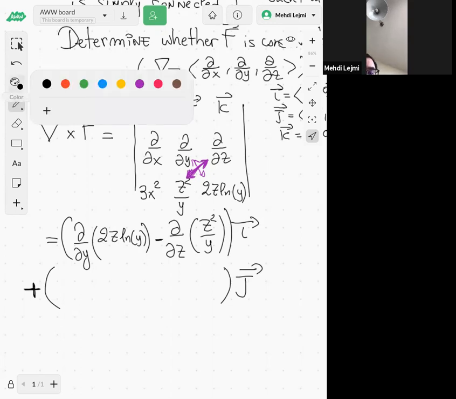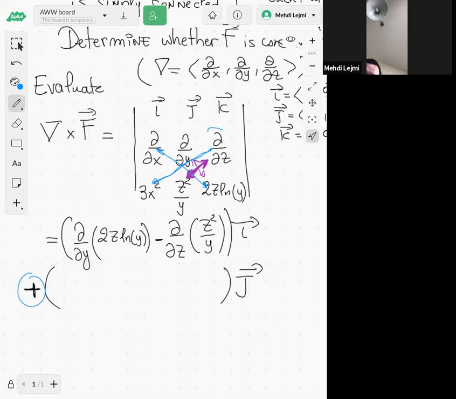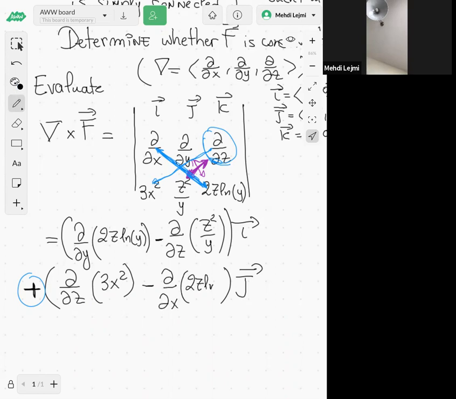We have to cross multiply: the derivative with respect to z of 3x squared, minus the derivative with respect to x of 2z natural log of y.